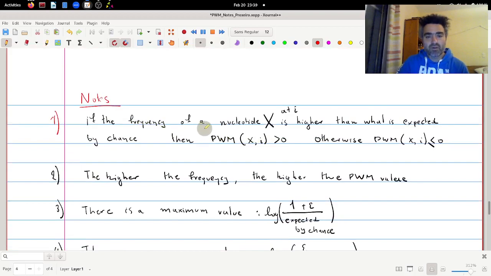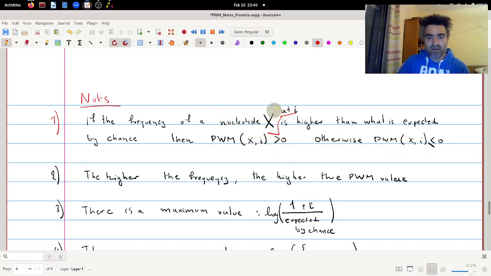Now, if the frequency of a nucleotide X at position I is higher than what is expected by chance, then the position weight matrix of this nucleotide at position I is greater than 0. Otherwise, it's less or equal to 0.